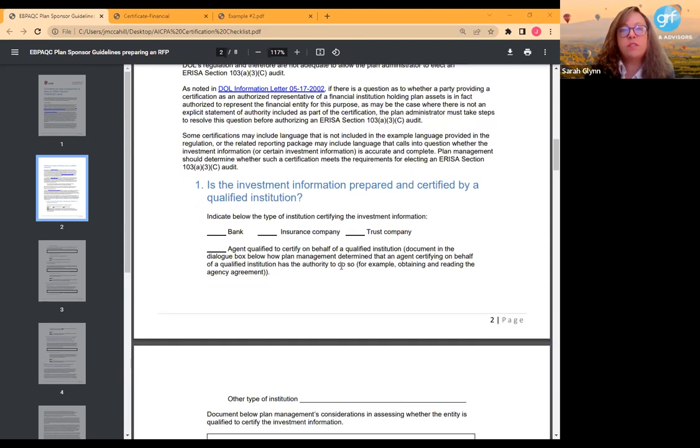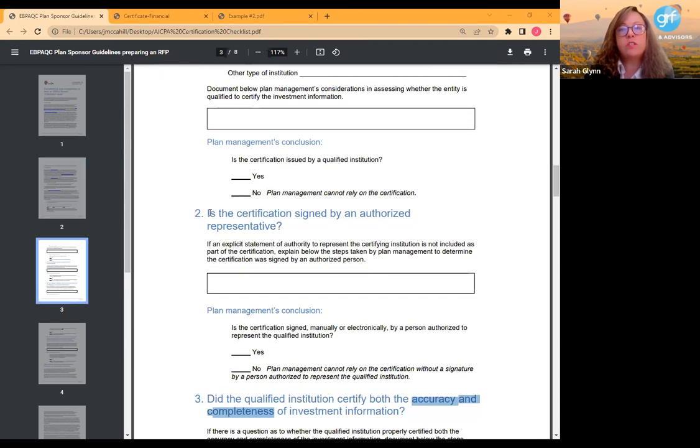The second question: is the certification signed by an authorized representative? If there is any question as to whether the person signing the certification is authorized to represent the institution, management should reach out to the institution and get confirmation that the person signing the certification is authorized to represent that institution.